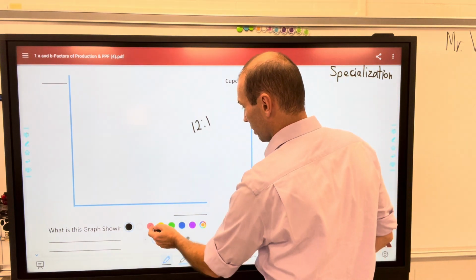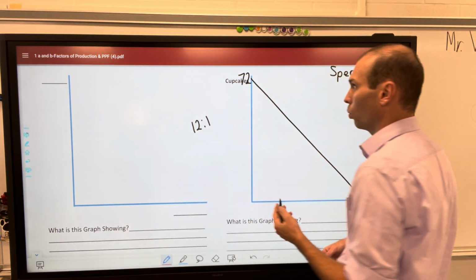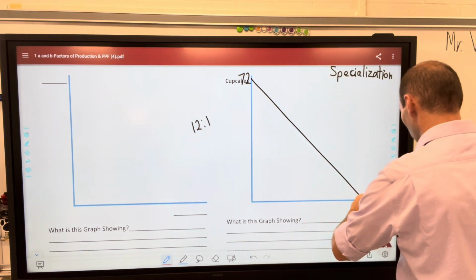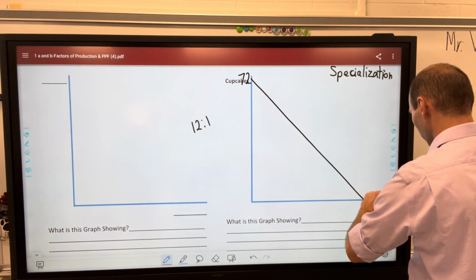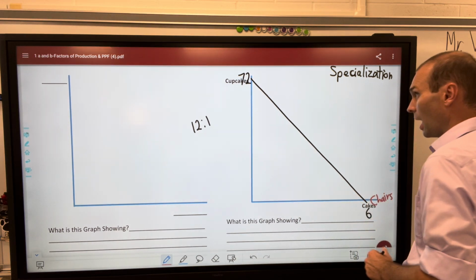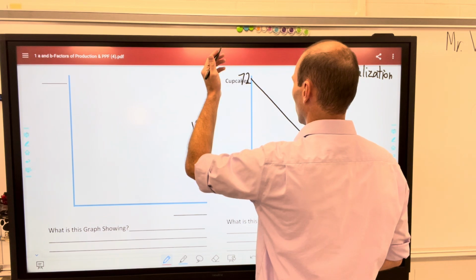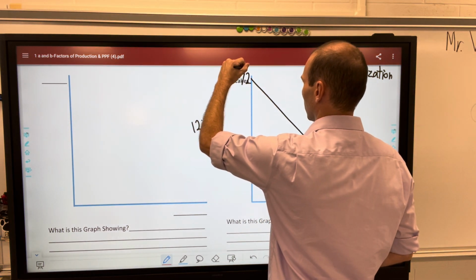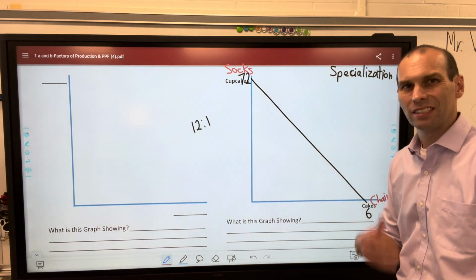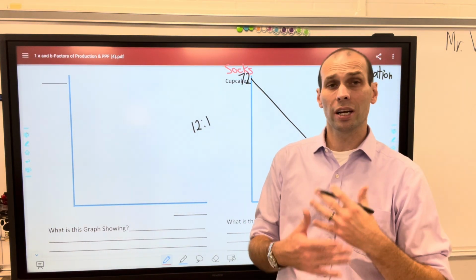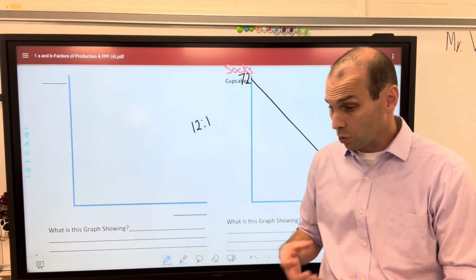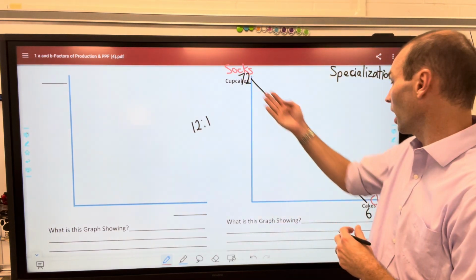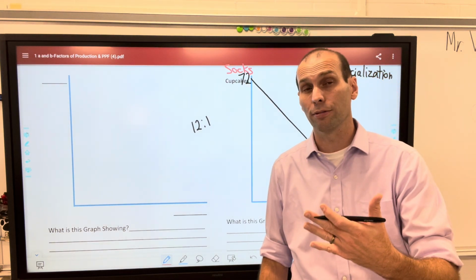But if we look a little different and said, all right, what if we're doing something to the effect of, let's call this chairs, and let's make this one socks. Well, the skills to make socks and the skill to make a chair are rather different. The resources and materials and land and ingredients you need to make socks and chairs are also quite different.